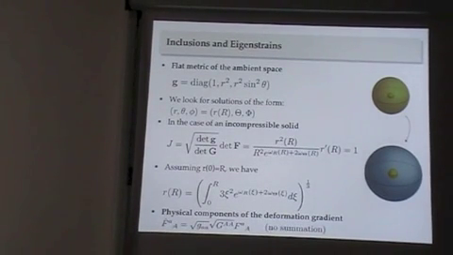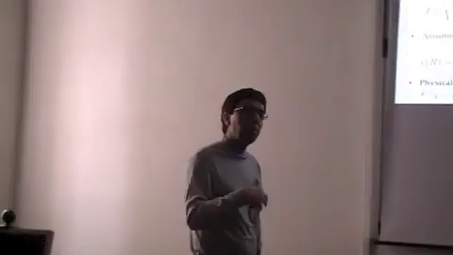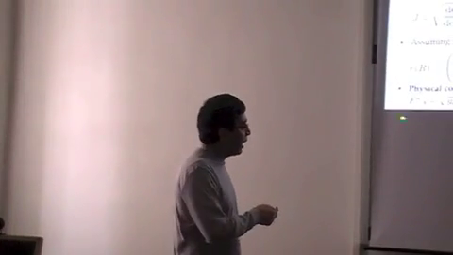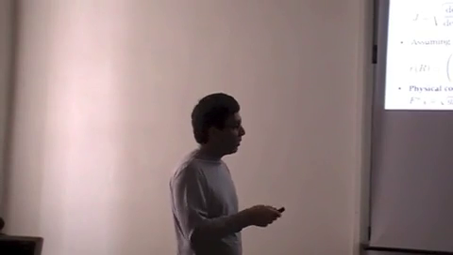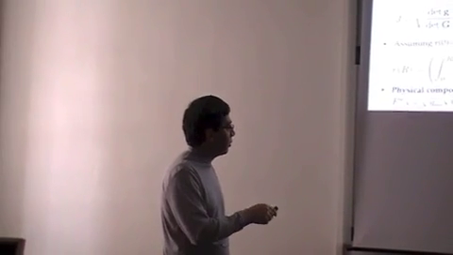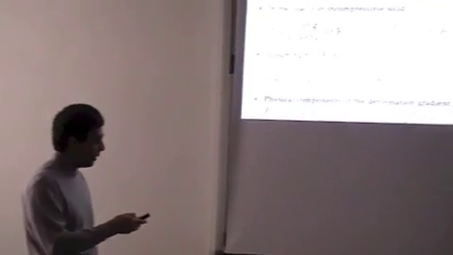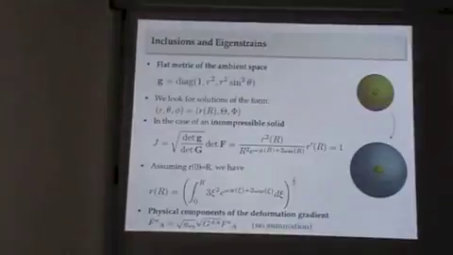And now, I'm not going to look at a particular constitutive equation like neo-Hookean or Mooney-Rivlin. I'm going to look at an arbitrary isotropic solid, but incompressible. So I need to calculate my stretches. There are different ways. One is to look at physical components of the deformation gradient. This is again classic.